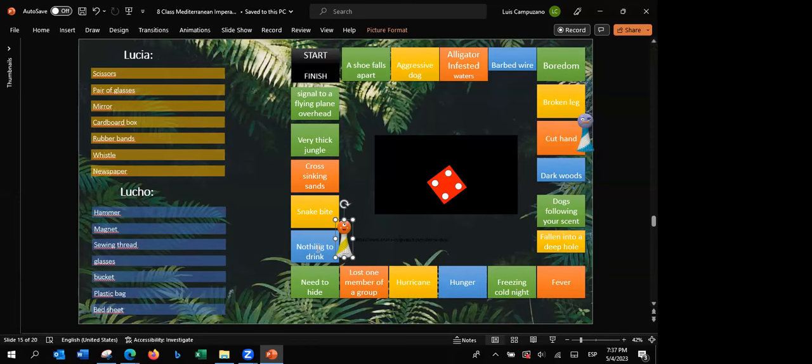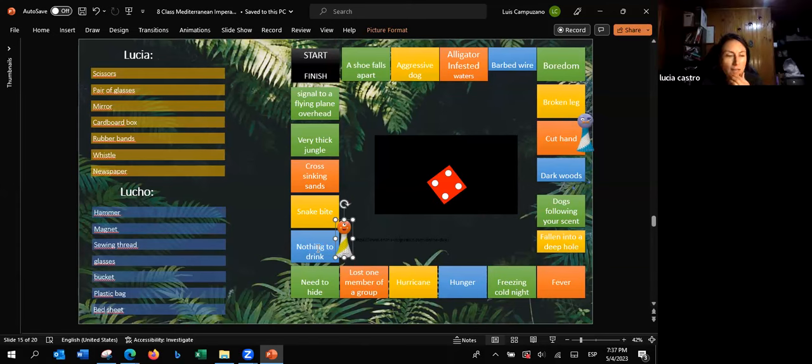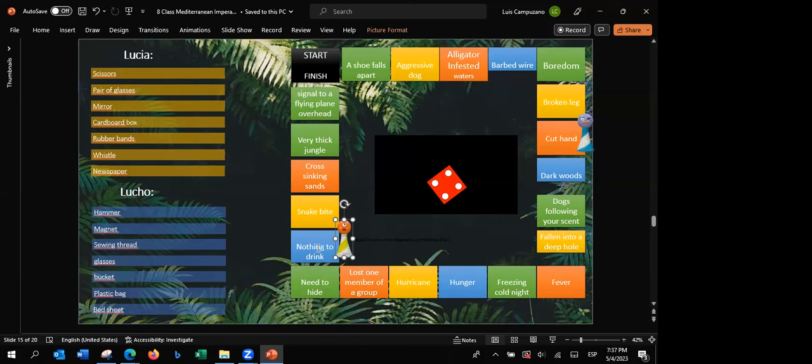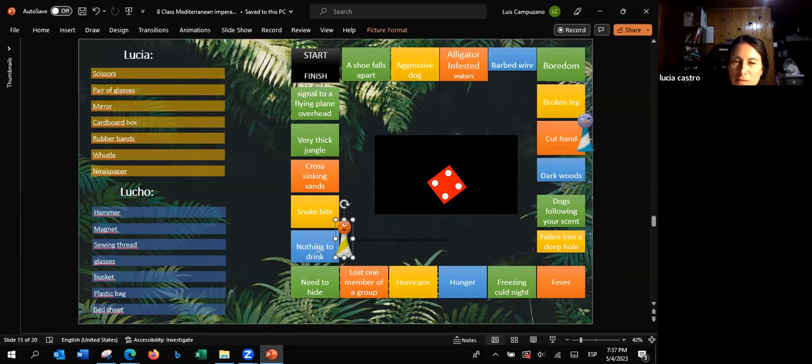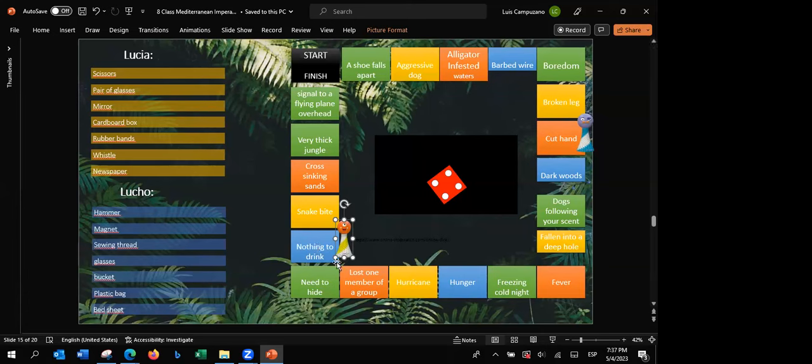Scissors for what? To cut the leaves from a tree, to take water from the tree. Okay, maybe there is some water in the leaves. That's a good idea.